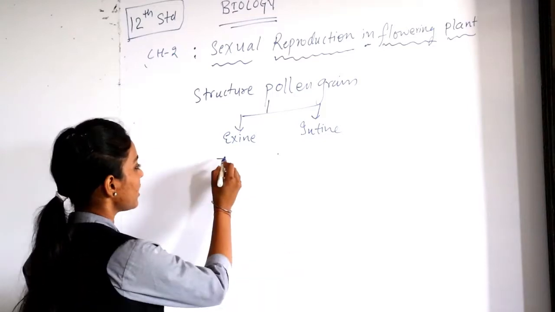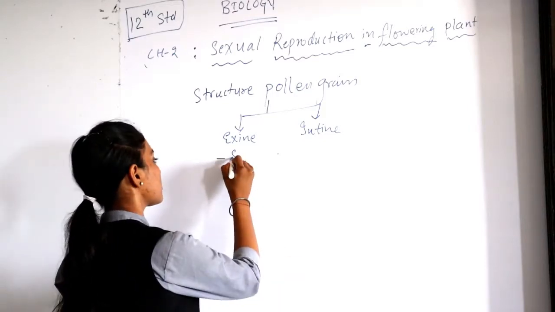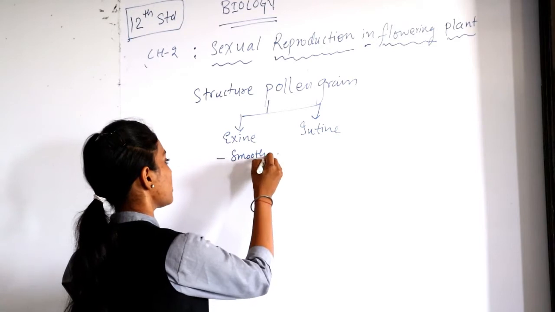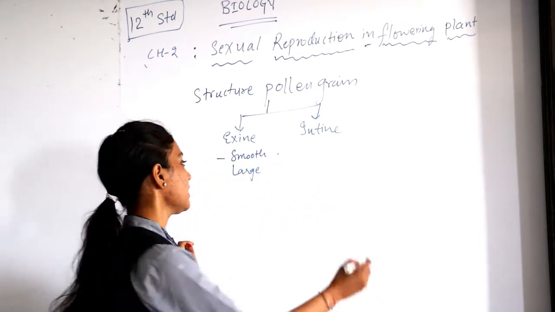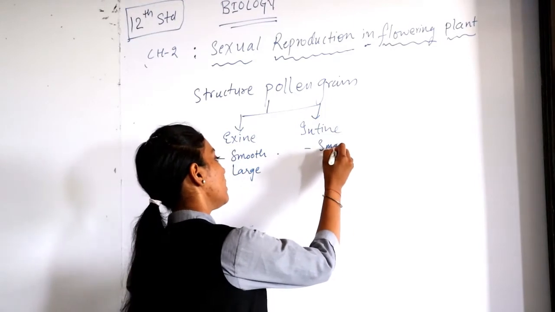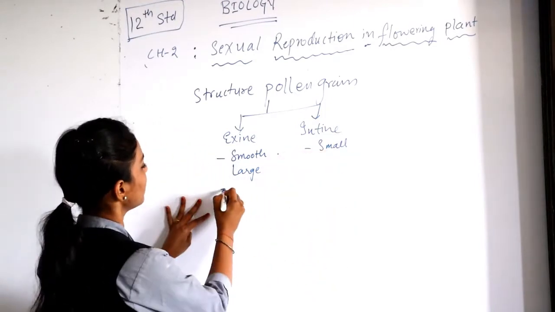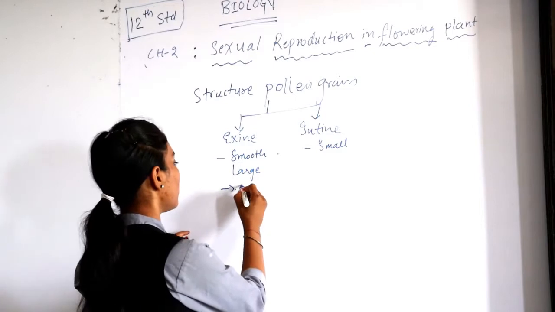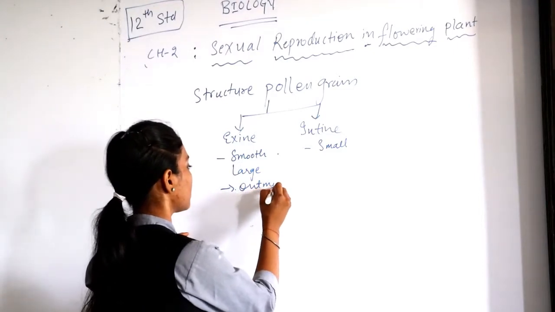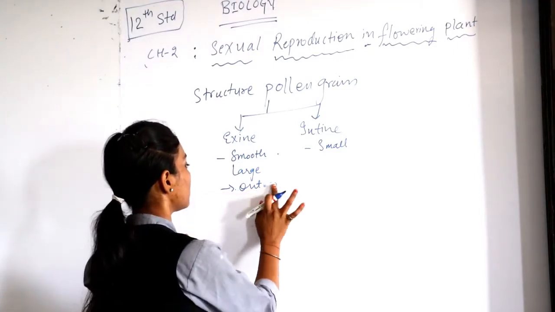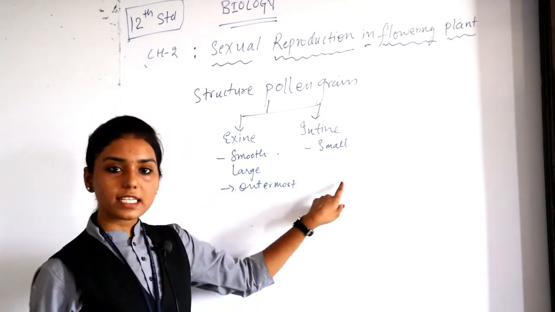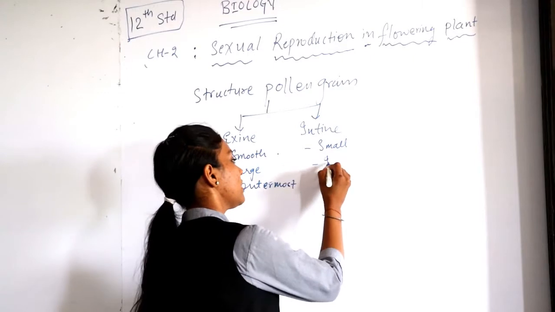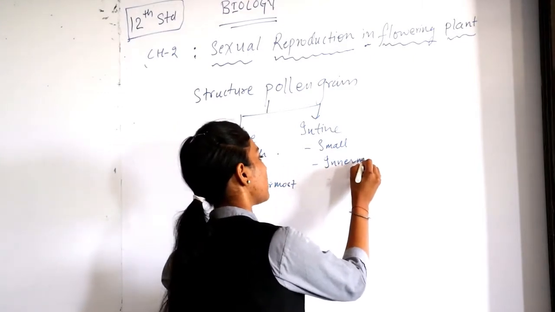Exine has a smooth as well as large layer, whereas intine is small. Exine is called the outermost layer, whereas intine is the innermost layer.